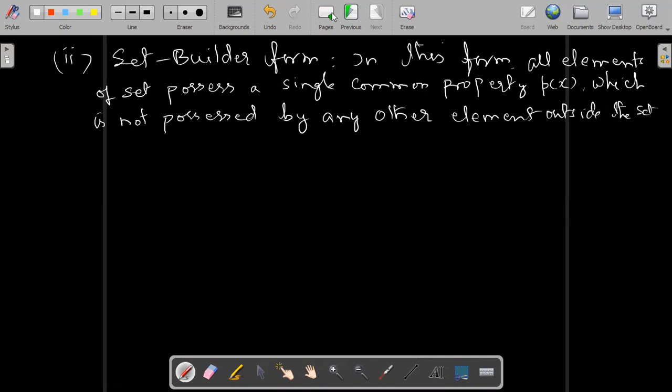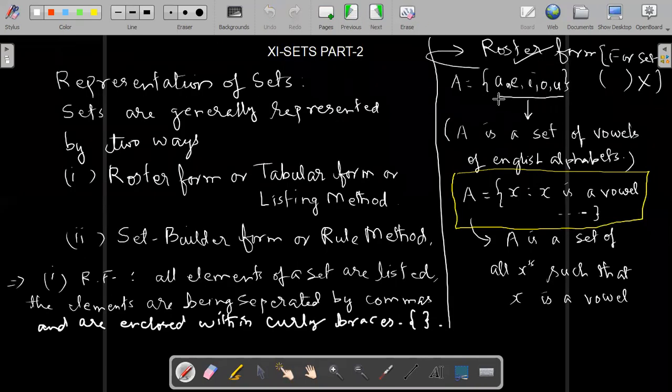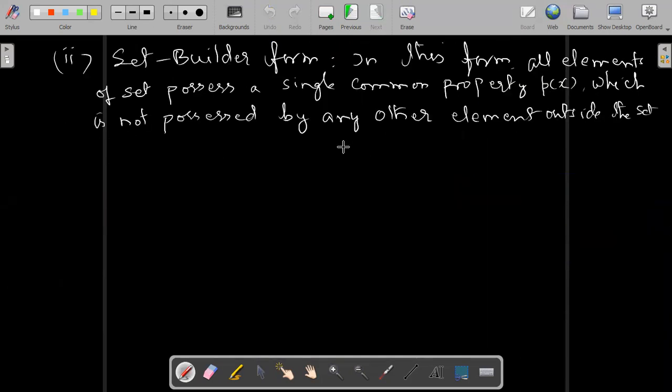As we have seen previously, here we have taken all vowels, so outside there will be no vowel. So the outside alphabet will not possess this property. That's an important thing.